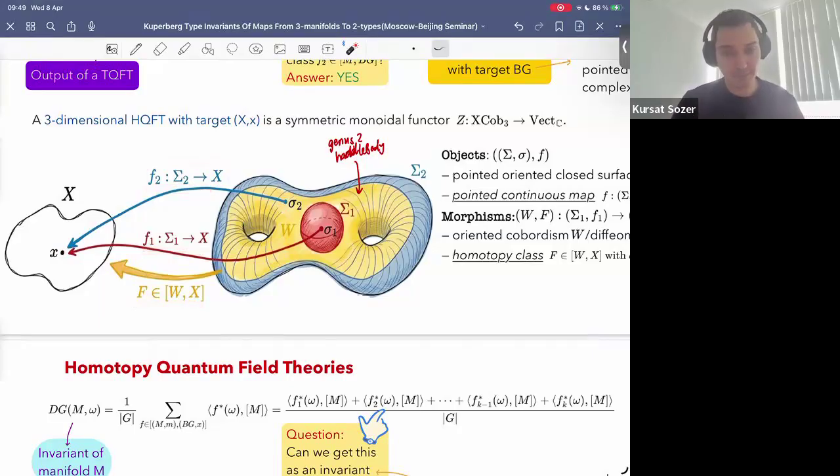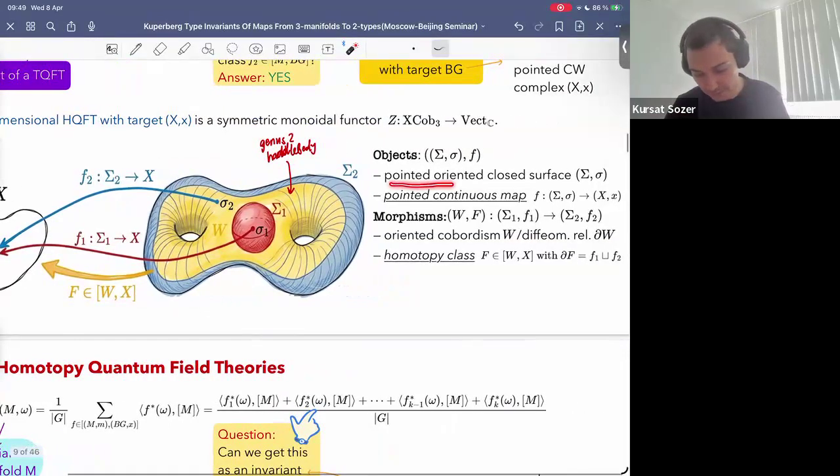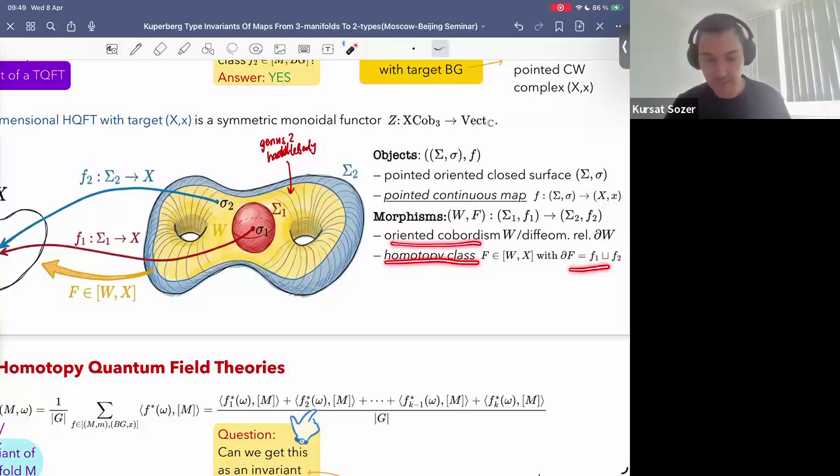So the point is, before we had oriented surfaces and oriented cobordisms. For the X-cobordism category, that is, with fixed target space X, for each such element of the cobordism we have additionally a pointed oriented surface and a pointed continuous map to the fixed target. Similarly, for the cobordisms, we have a homotopy class extending these pointed maps.